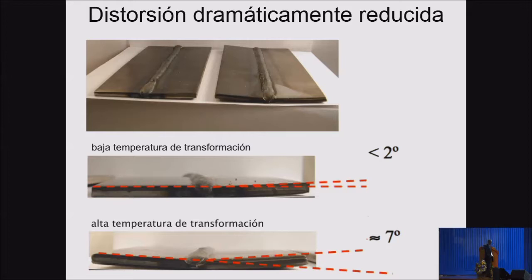And you can see that by using the low temperature transformation welding consumable, you reduce the distortion from 7 degrees in this experiment to less than 2 degrees. So basically, the welding alloy works in compensating for thermal contraction by transformation strains.